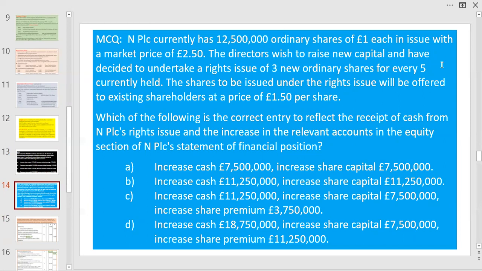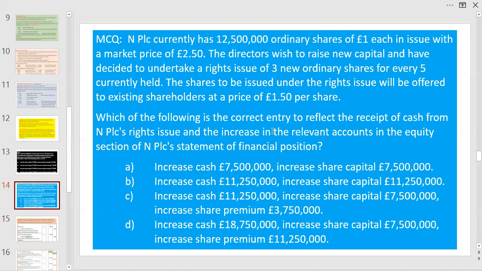The directors decided to issue 3 new ordinary shares for every 5 currently held. 12.5 divided by 5 and multiplied by 3 will give an answer of 7.5. Par value of the share is 1. They are hoping to make a rights issue of 1.5 per share. That is to say, there is a 50 cents premium for each share. Involved will be 3.75 million.